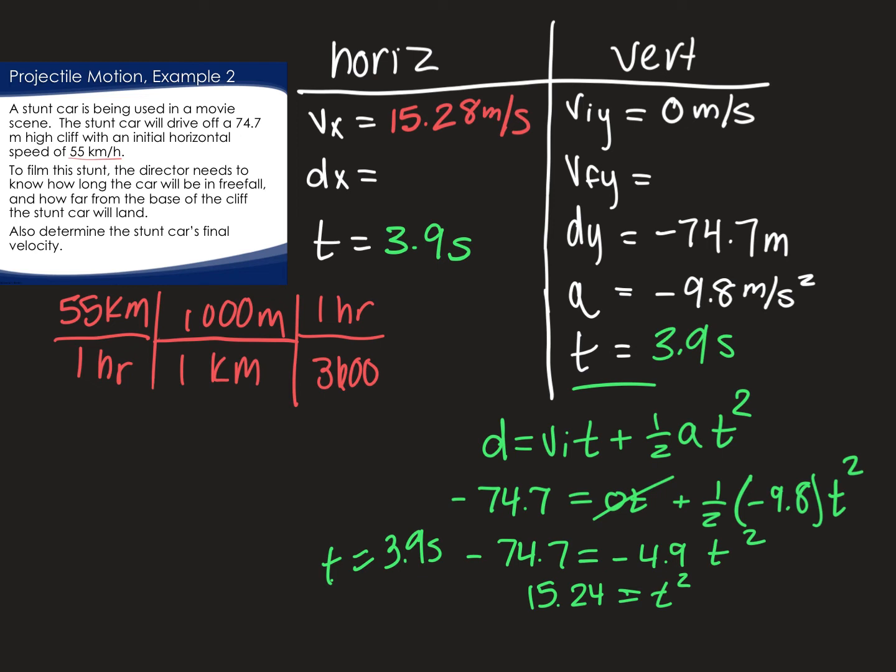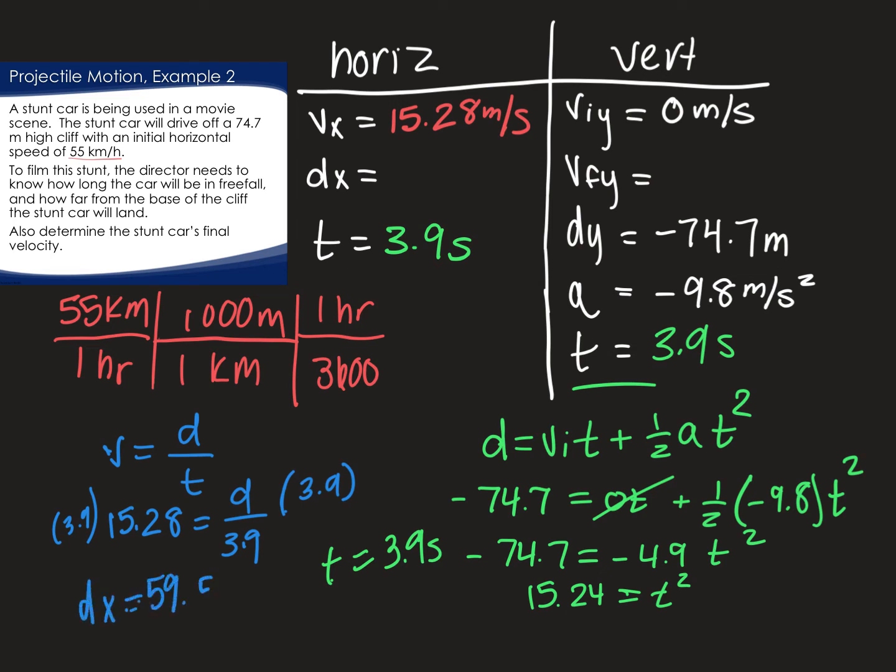So now we can use speed equals distance over time. So multiply both sides by your 3.9 to get it out of the denominator. So 15.28 times 3.9 gives us a horizontal distance of 59.59.